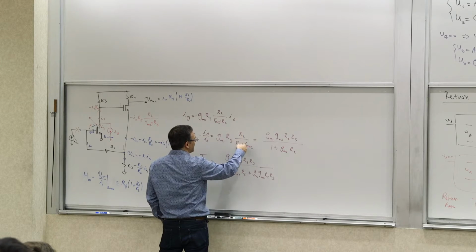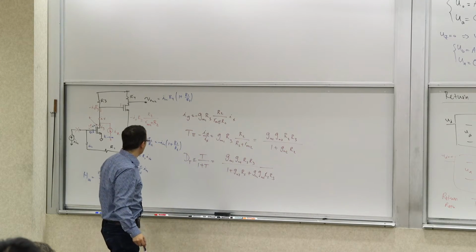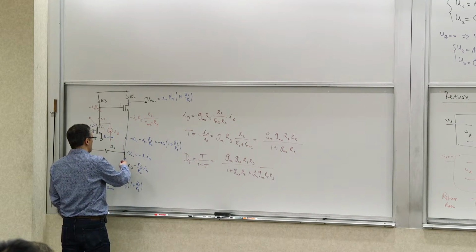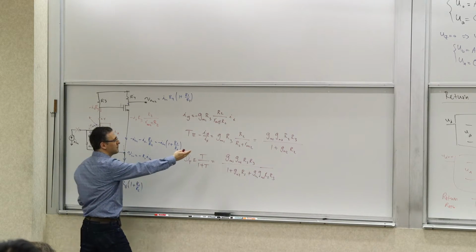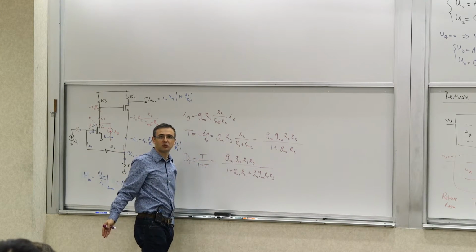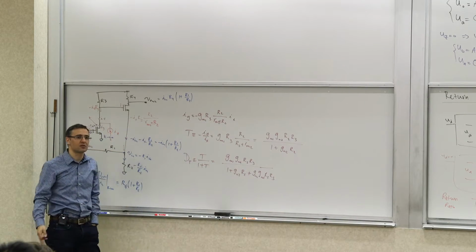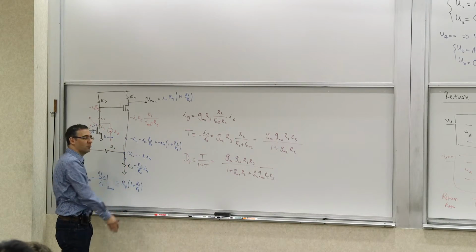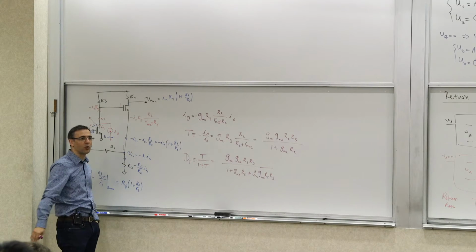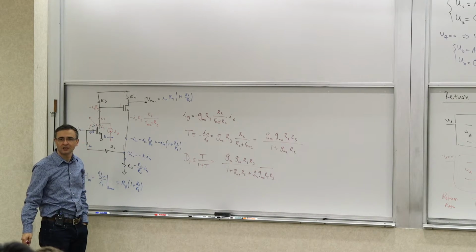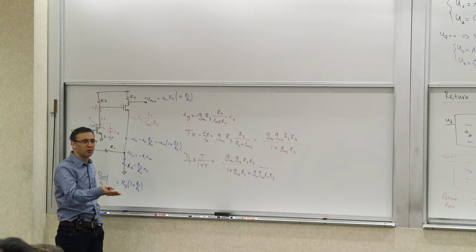Well, this is a ratio less than 1. If you choose R2 not too small, you can make this close to 1, so it doesn't introduce a significant attenuation. Let's say your RM is, I don't know, 100 ohms. You make this a kilo ohm, and then you get a factor of close to 0.9.